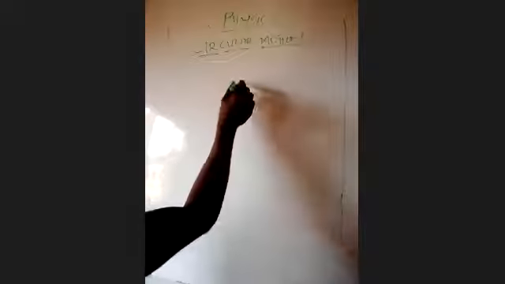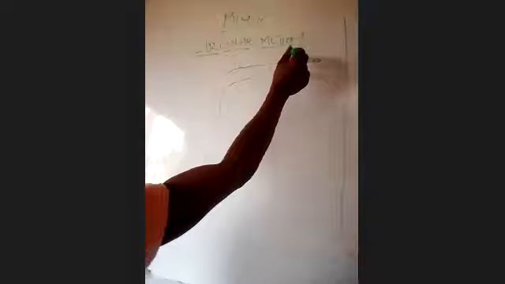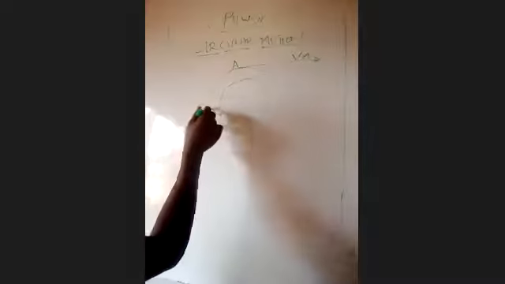So let's look into some graphical representation to back up what I'm trying to explain about circular motion. Let's assume these are the objects, let's say the body.